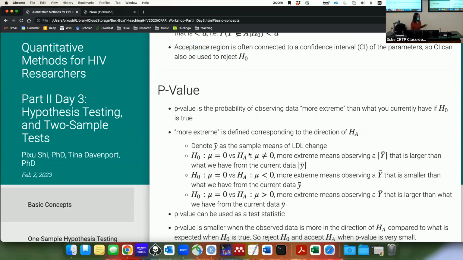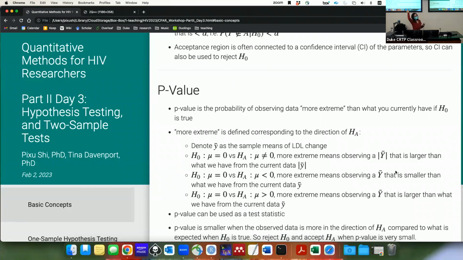So the two-sided is more straightforward. For the one-sided, it's a little hard to wrap your head around. So suppose your alternative is mu smaller than 0. The change is you have a decrease in LDL. Then more extreme means that your data is actually smaller than what you observe. So you would want to reject the null hypothesis when your mean is very, very small.